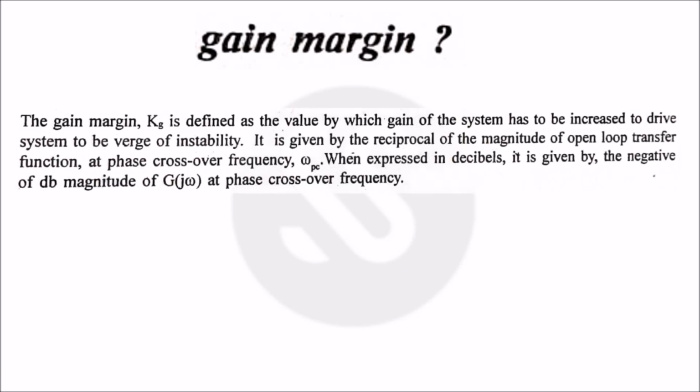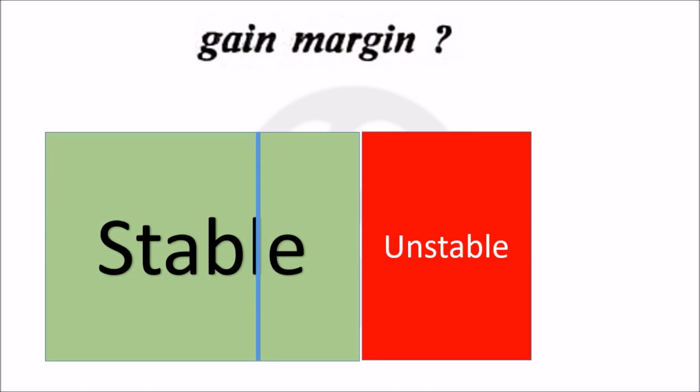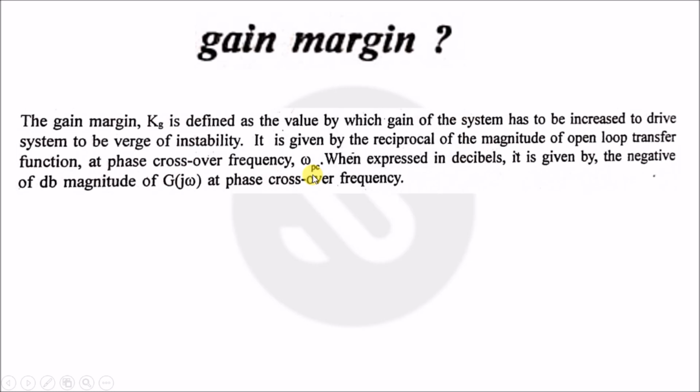If you go for the definition, the gain margin Kg, or simply K, is defined as the value by which the gain of the system has to be increased. That means here we have increased the gain from this line to this line. So the gain of the system has to be increased to drive the system to the verge of instability.